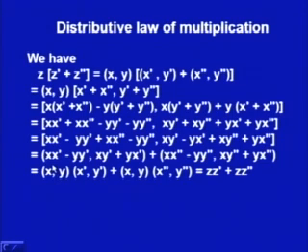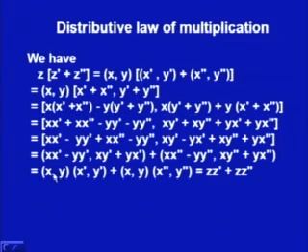We again write it in terms of the real and imaginary parts: x x' minus y y' the real part, comma, the imaginary part x y' plus y x', then plus x x'' minus y y'' as the real part, and x y'' plus y x'' as the imaginary part of the complex number.